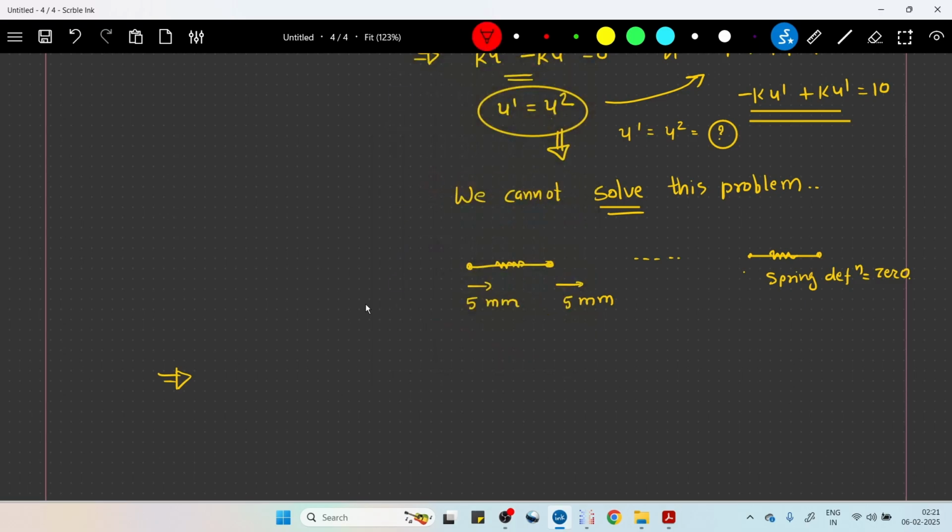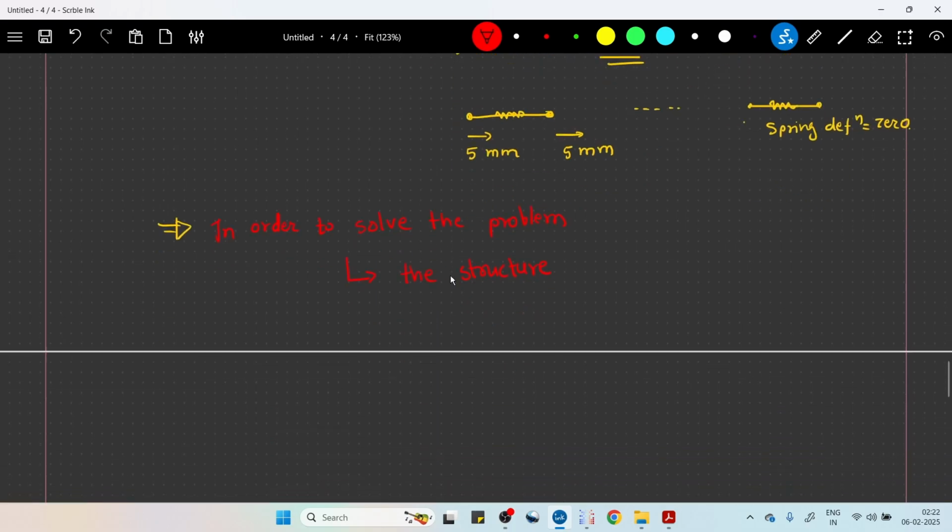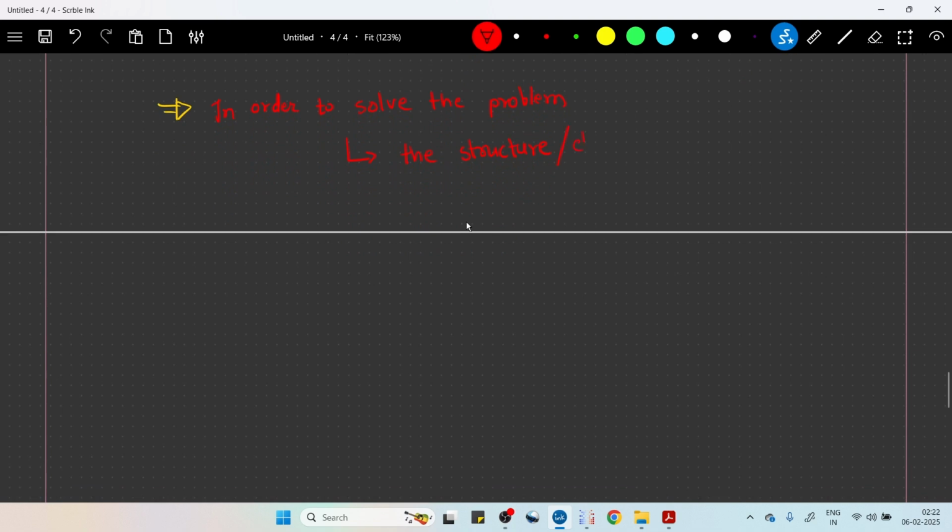In order to solve the problem, and to get the deformation or stresses and strain, the structure or element, in this case it's one element, must be constrained.